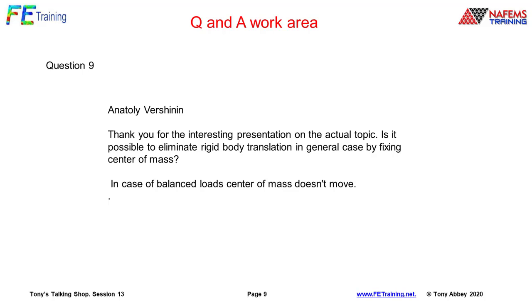Anatoly says, thanks for the presentation. Is it possible to eliminate rigid body translation in general case by fixing the center of mass? In the case of balanced loads, center of mass doesn't move. It doesn't move, but for a redundant structure, you can develop multiple load paths. You may force the load path incorrectly.